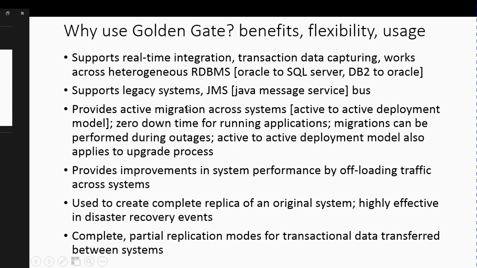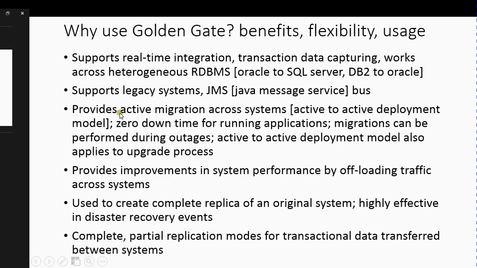So you'll be able to replicate the data captured in the legacy system to a more current system, or do the opposite. GoldenGate software also supports the Java Message Service, so you can have data captured on the Java system replicated to another independent system, or vice versa. So it's very flexible.